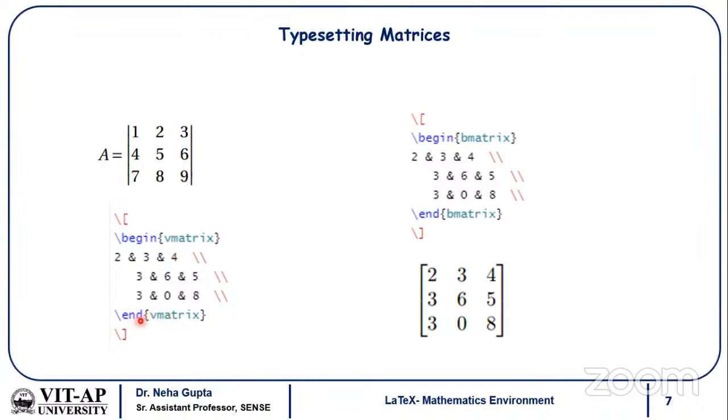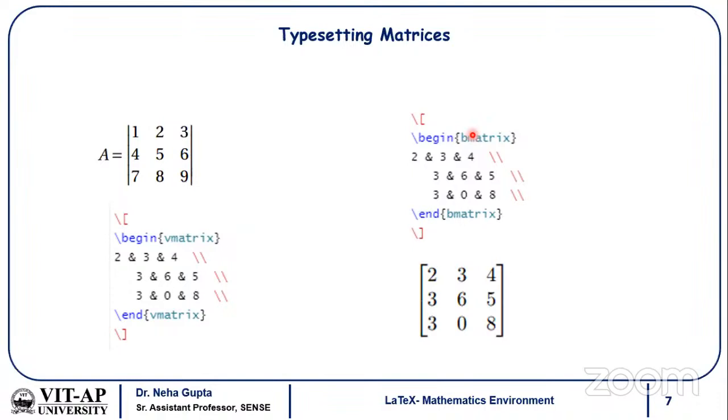You should end it also. And to create the mathematical environment, either you can use this or you can use the equation environment also. Here, to get the bracket, we have written B and then the same matrix. So to get the square bracket, you should use this one.